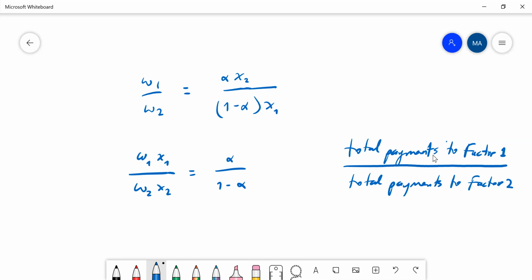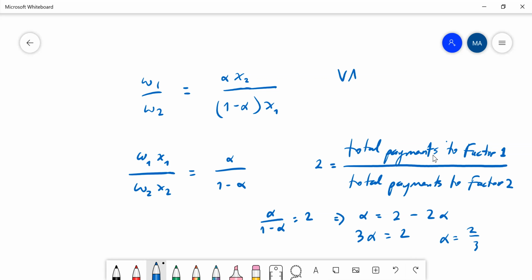Let's say this number is, I don't know, let's say 2. Then you basically know what alpha should be. Using this equation, alpha is equal to 2 minus 2 alpha, so 3 alpha is equal to 2. Your alpha is 2 divided by 3.